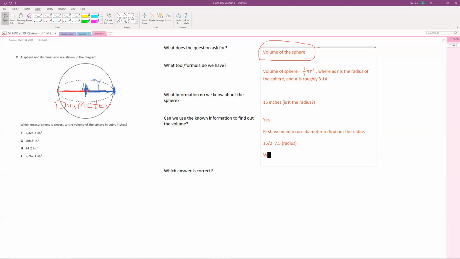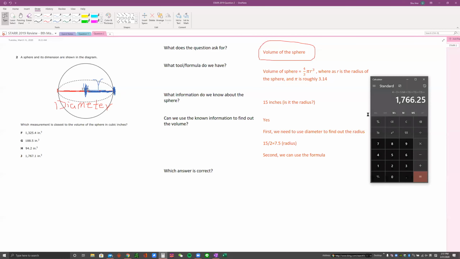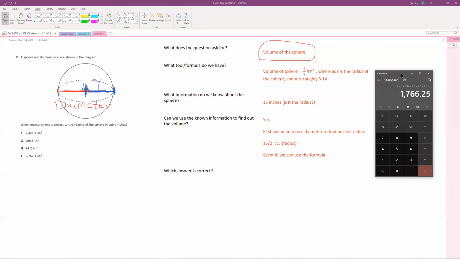Now, second, since we have the radius, we can use the formula. Now I'm going to show you how we can do this on the calculator. I'm going to show you in 2 ways.